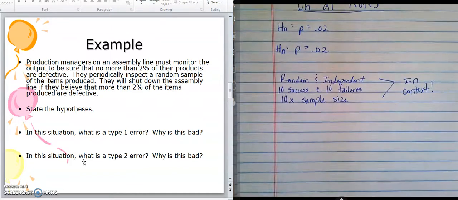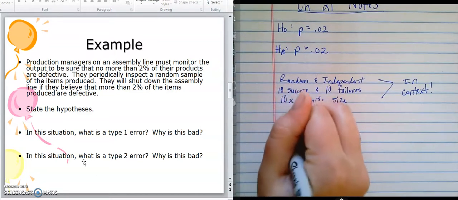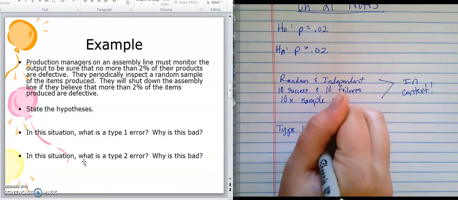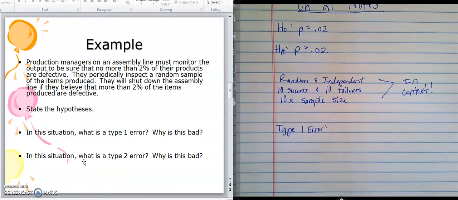The point of this one is to learn the different powers, or the different types of errors. So it says in this situation, what is a type 1 error and why is this bad? So remember, a type 1 error is when I rejected and I should have retained. So I rejected my null.